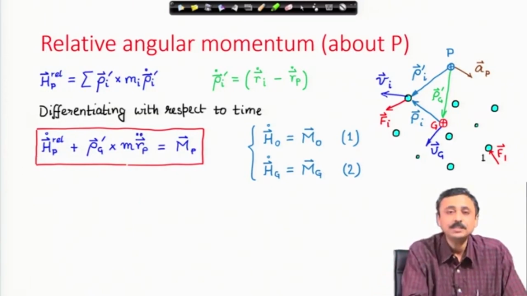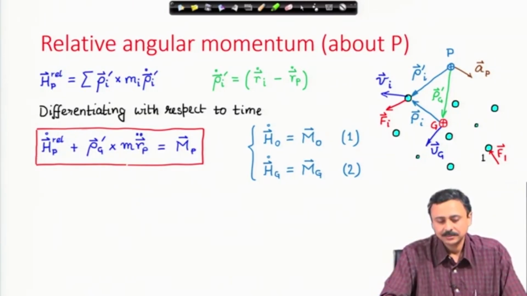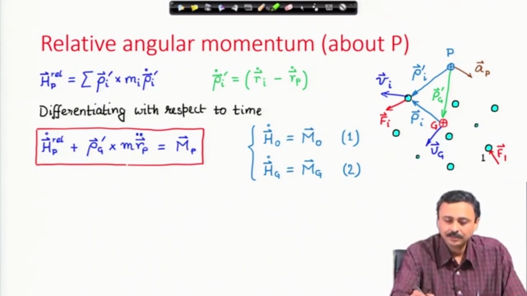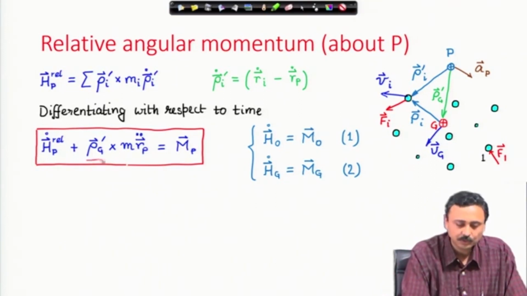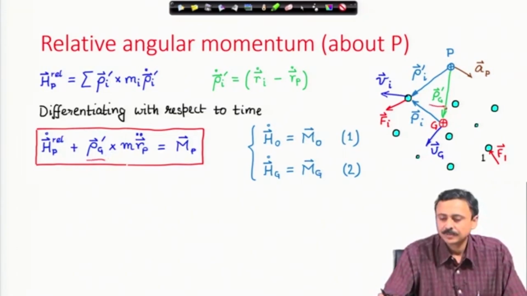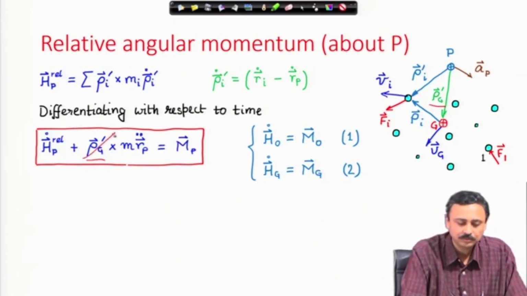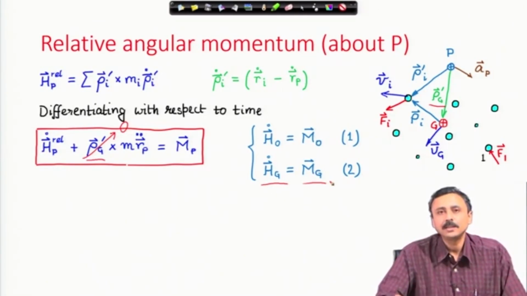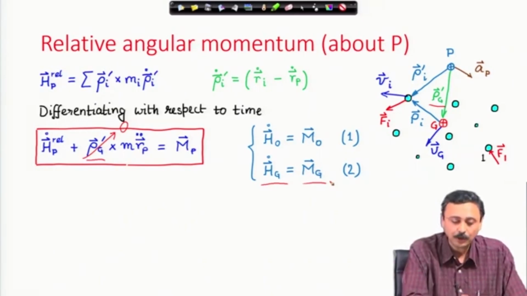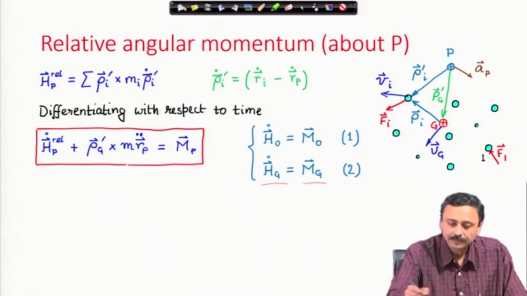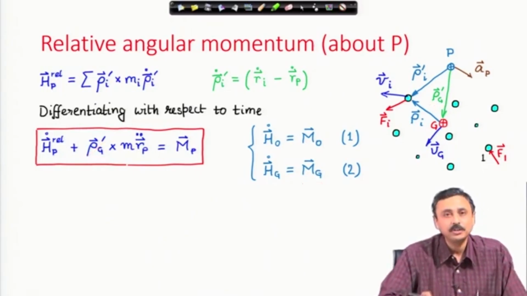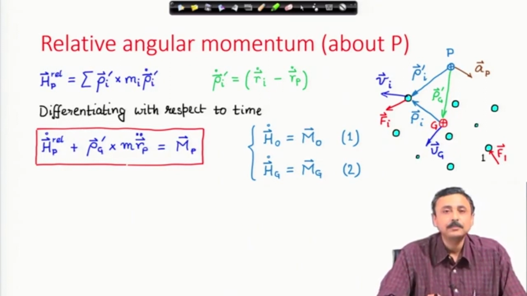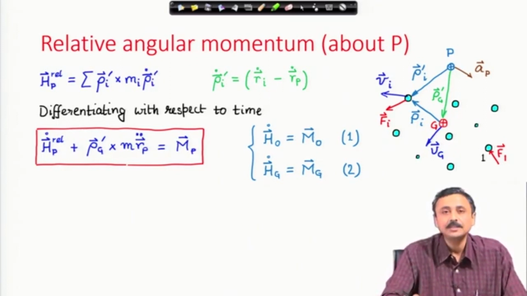If p is equal to g, in that case, again, you will notice that this vector rho g prime goes to 0, and therefore, we have an equation something like this: the rate of change of angular momentum about g is the net moment about g, which follows again from this general equation. Therefore, our relative angular momentum equation about this arbitrary point is a more general angular momentum equation, from which at least these two definitely follow.